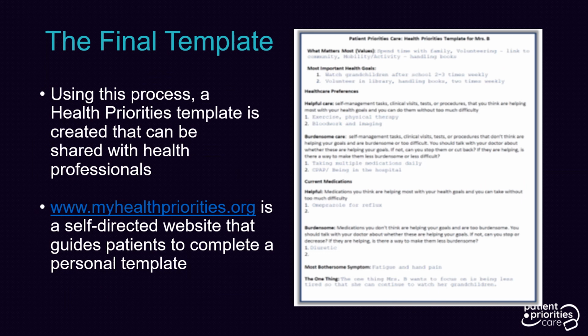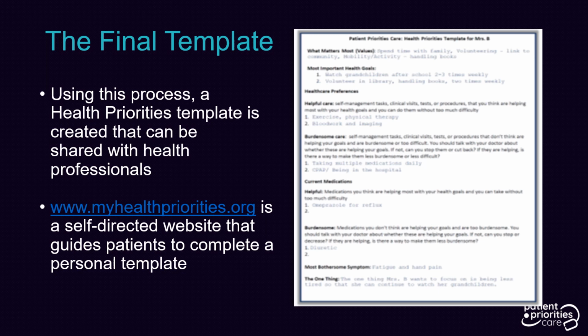Here we have an example of an electronic medical record template completed for Mrs. B. We've outlined how she reaches the one thing by first identifying what matters most to her and her most important health goals, which are watching her grandchildren after school 2 to 3 times a week and volunteering in the library.